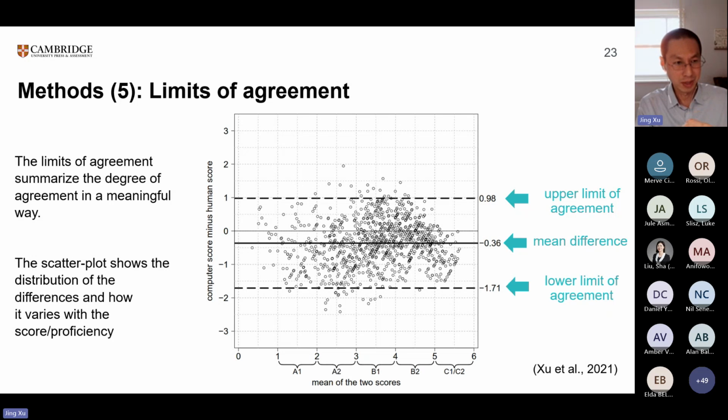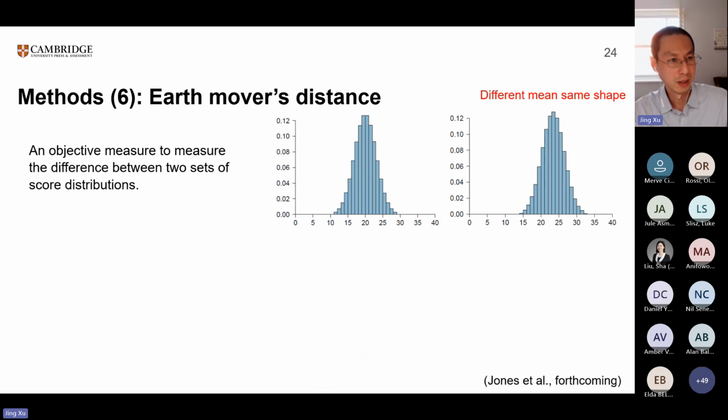The automarker tends to be more lenient at the lower end of the score scale than at the higher end. The differences tend to become negative around C1, C2, which means that at the higher end of the score scale, the human is more lenient than the computer. So this is very revealing of all the details of the automarker's performance. It's very helpful and informative for stakeholders to know.